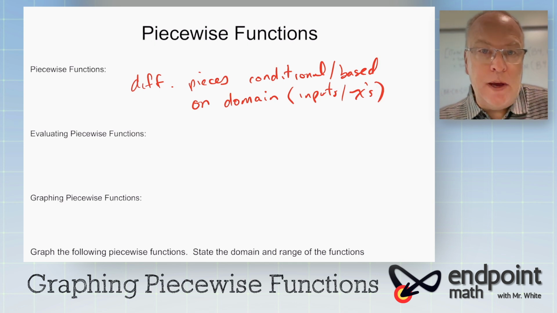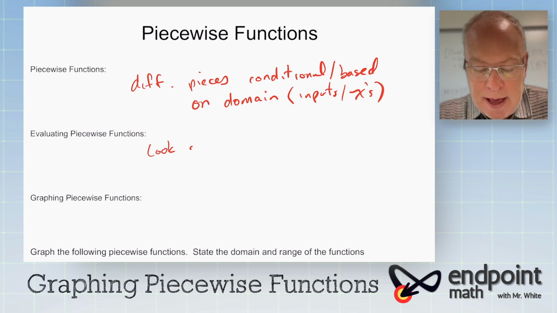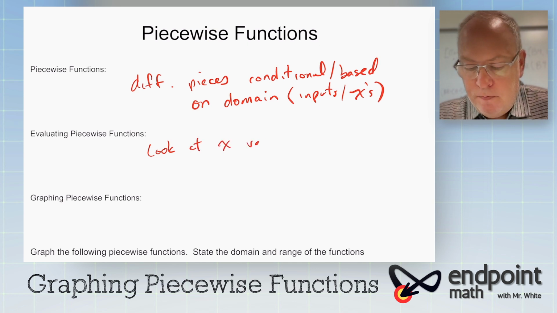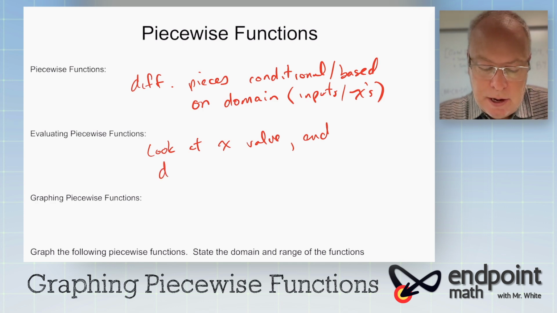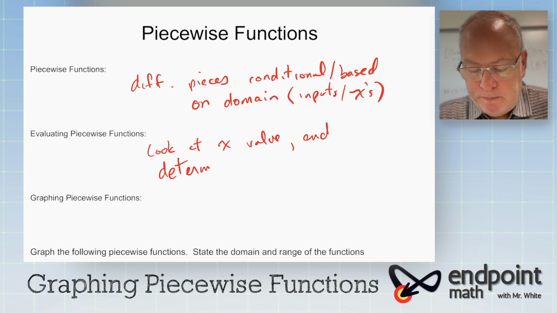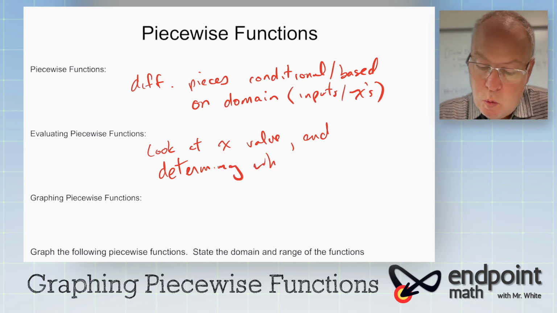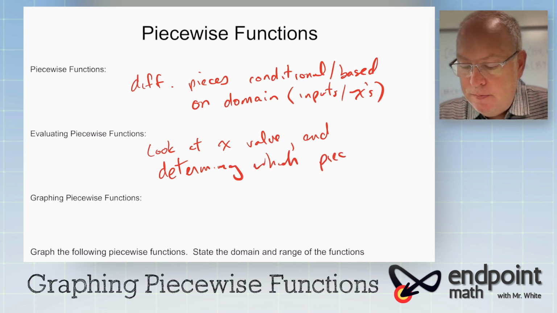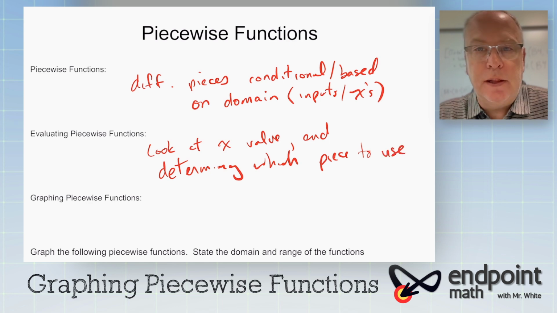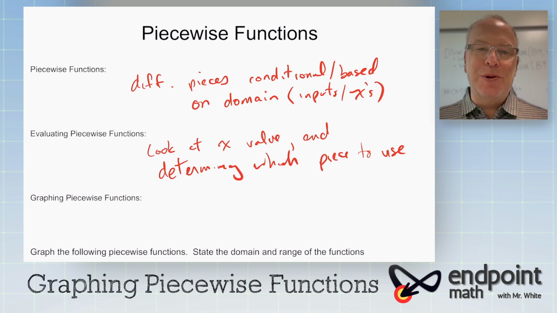So we evaluate piecewise functions by looking at the x value and determining which piece to use. I'm going as quickly as I can, so I apologize for the horrible handwriting. So you're going to look at that x value and then figure out which piece to use. This will make more sense here in a moment.